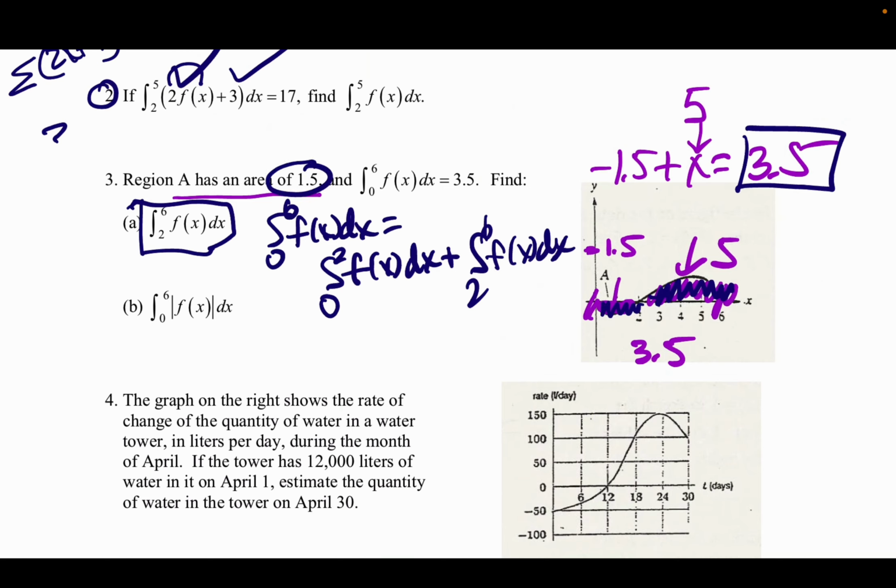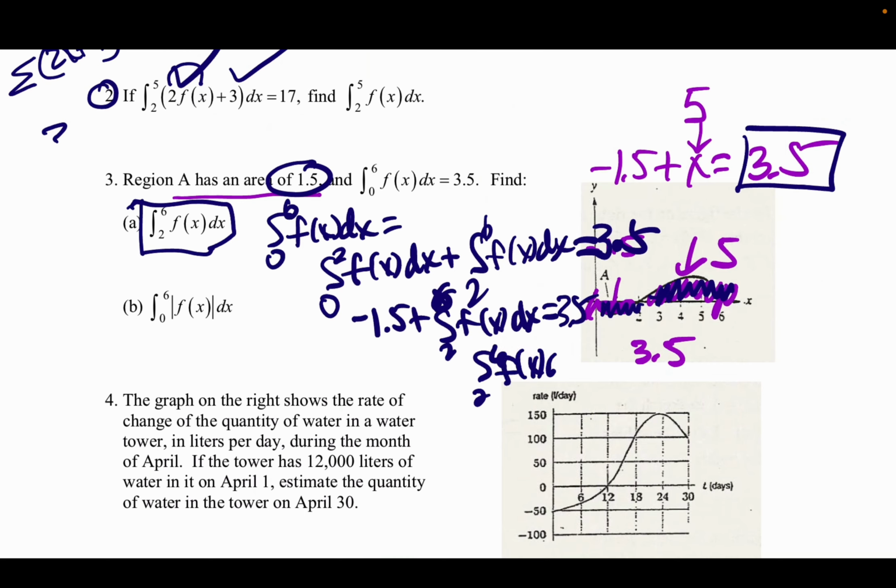It said area of 1.5, but if I take the integral, it keeps a running total, so it's down. So it's negative 1.5 plus the one I'm looking for equals the total, which they gave me is 3.5. And then when you add the 1.5 to the other side, you get the integral from 2 to 6 of f of x dx equals 5.